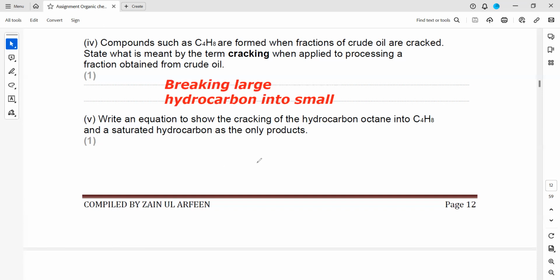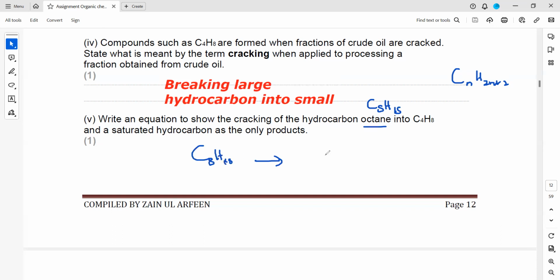For example, write an equation to show cracking of the hydrocarbon octane. Oct means C8, and to be an alkane, what is the general formula of an alkane? CnH2n+2. The number of hydrogens will be twice plus 2, so 16 plus 2 makes 18. So this will be C8H18.